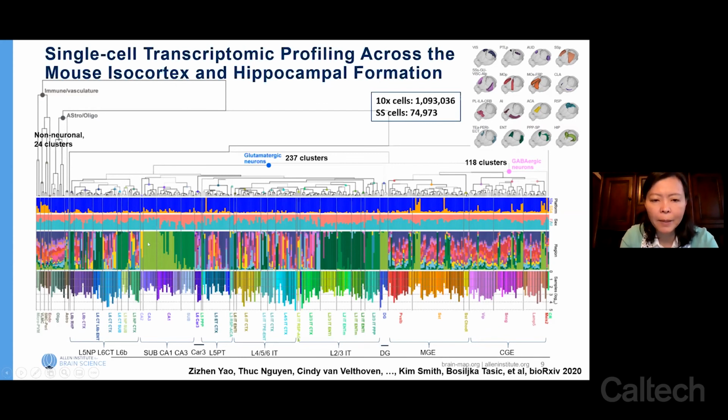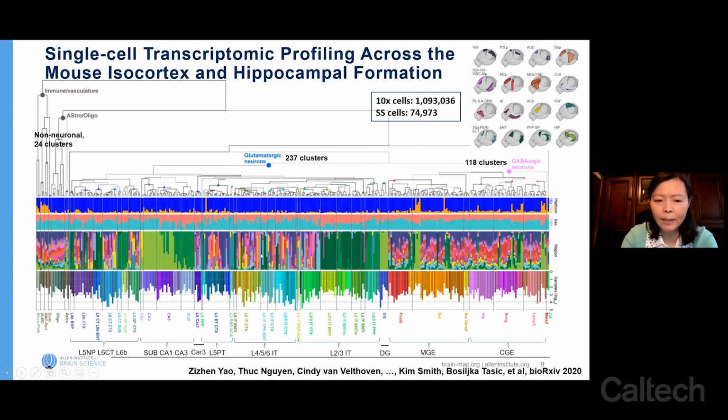The landscape on the glutamatergic side is much more complex. There is still a high degree of distinction between cell types, especially between isocortex and this greenish colored hippocampal formation. But at the same time, as you can notice, there are a lot of cell types that are also shared across different regions.